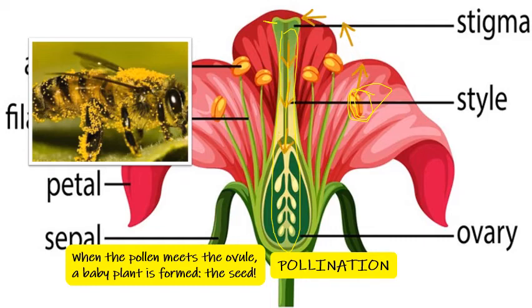This pollen is so important. When the bee flies from the anther to the stigma, it takes the pollen with it. Then the pollen goes down in the style and meets the ovules. When pollen meets the ovules, we will have a baby plant.